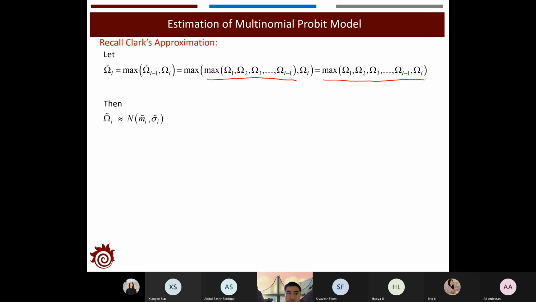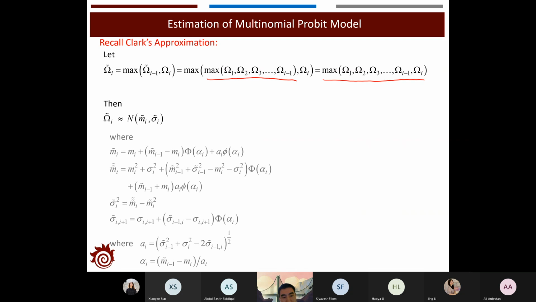So to conduct the Clark's approximation, we first assume that omega i follows a normal distribution with the mean of mi tilde and the variance of sigma i tilde. And mi tilde is determined by the mean of the covariance, the mean of the random variable omega i, and also the mean of omega i minus 1 tilde, as well as for sigma i tilde.